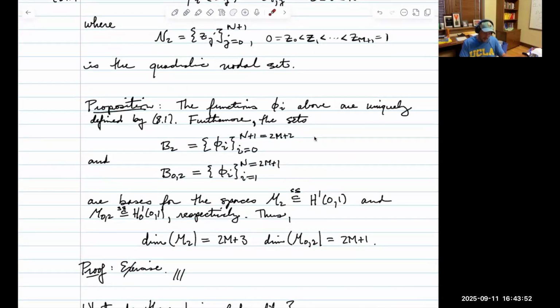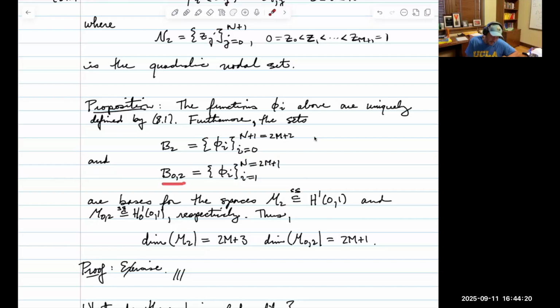So that's going to give me 2m plus 2, not the total number, but the largest index for this set in terms of m. So basically, I'm counting all of the phi_i functions that I just defined over all of the nodal points.